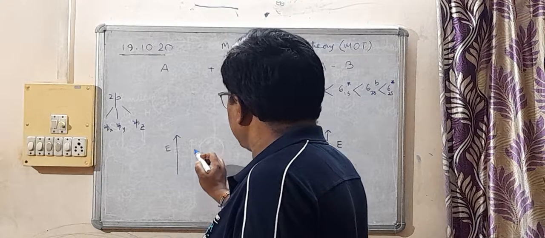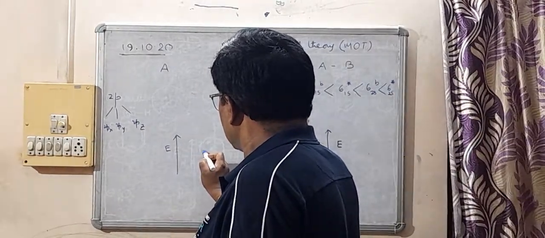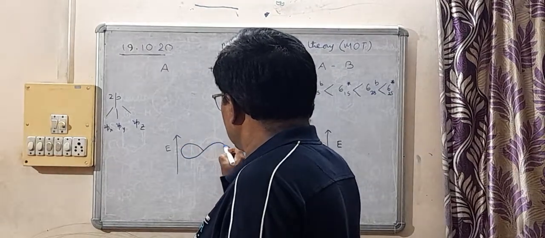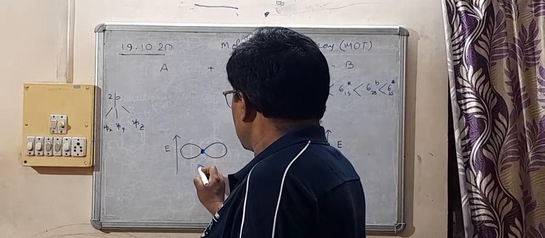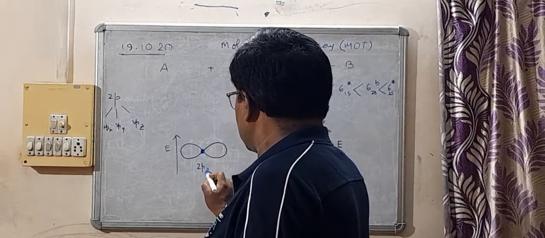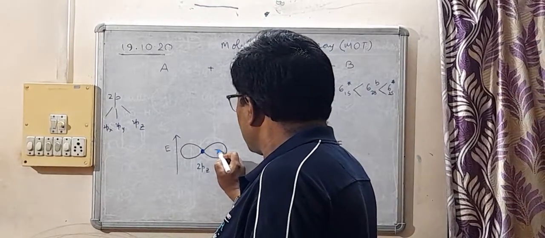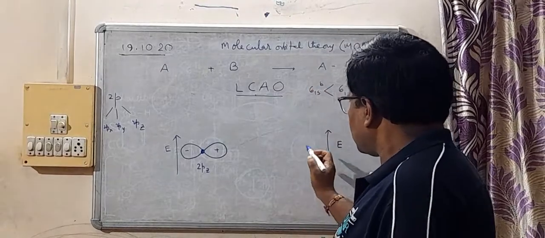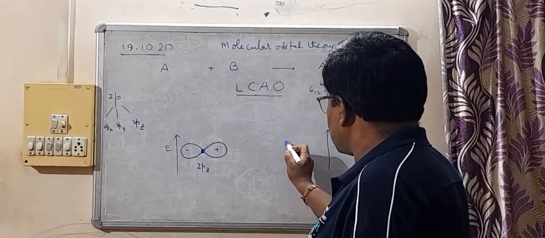Now this is one 2pz. This p orbital has one lobe plus, another lobe minus, and another 2pz of this.